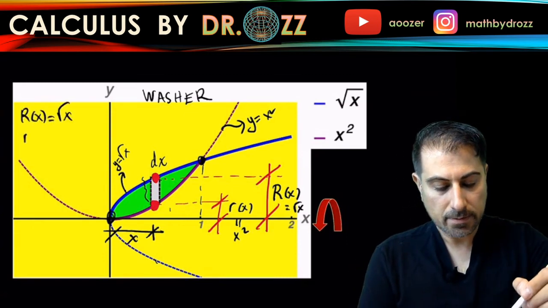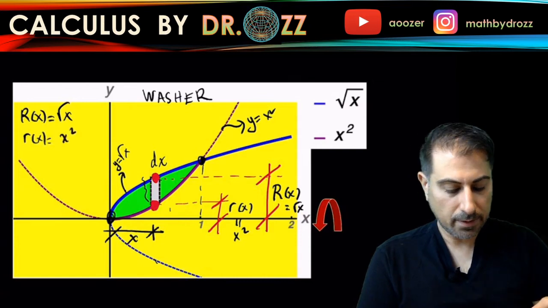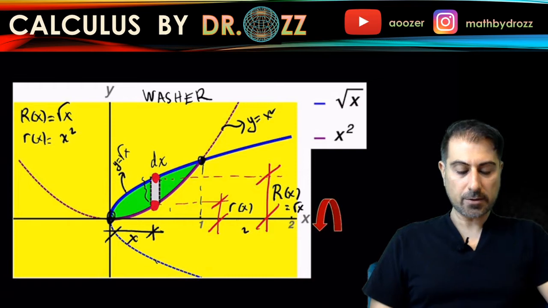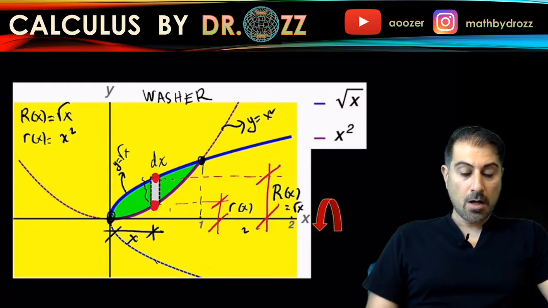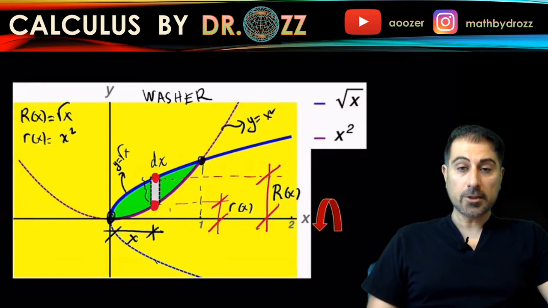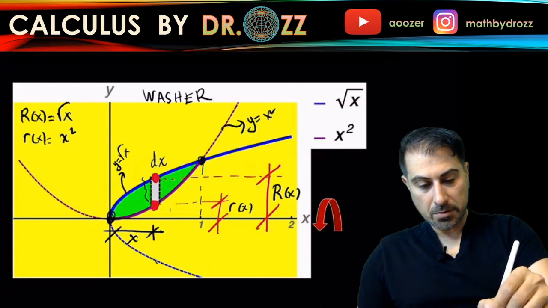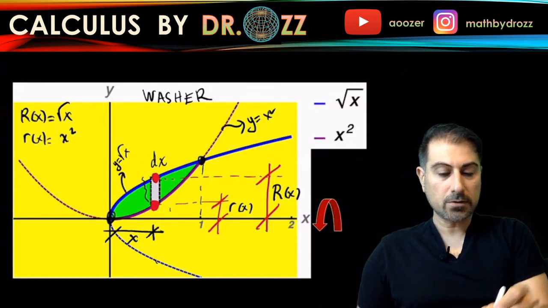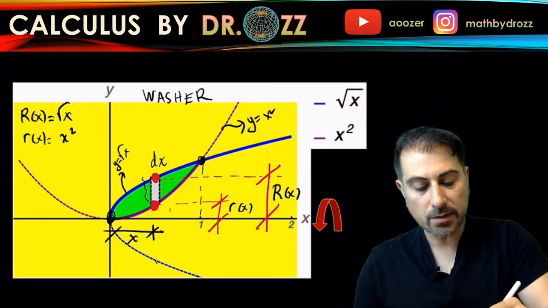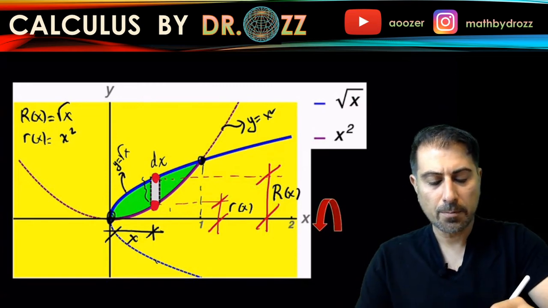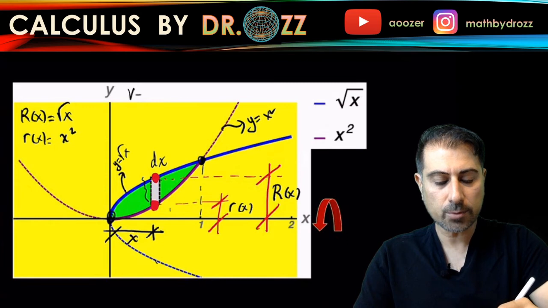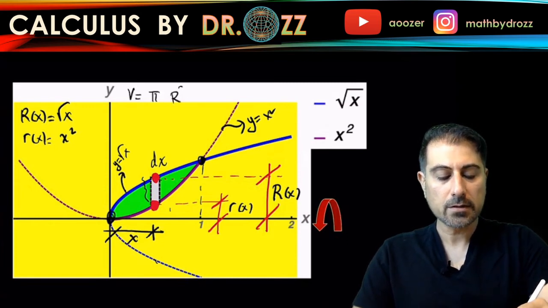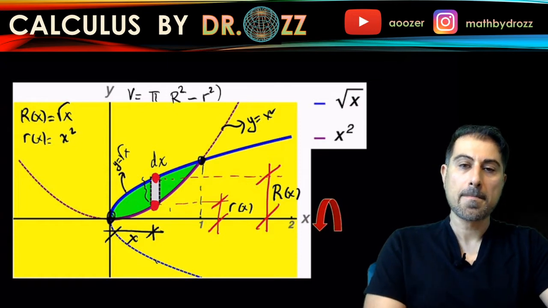Okay. So let me clean this part a little bit so we can see everything better. To be able to write down the volume of the washer, you're going to use the outer and inner radii. Let me write the volume of the representative washer: pi times the outer radius squared minus the inner radius squared, times dx.